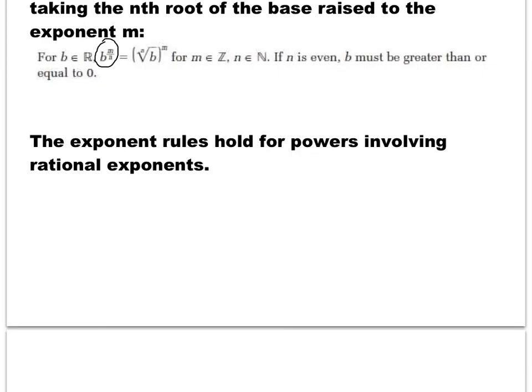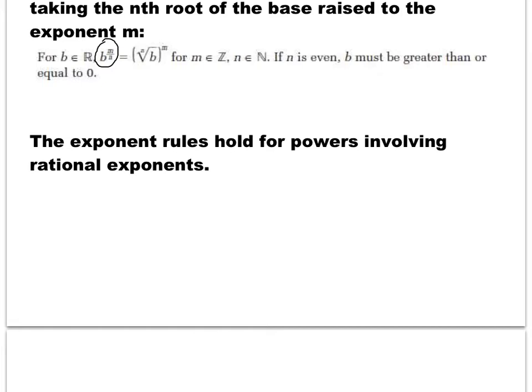Now one thing you have to remember is that all the exponent rules that you had before for powers, they also satisfy the rational exponents. For instance, any rational exponent to the power of 0 is going to give you 1.